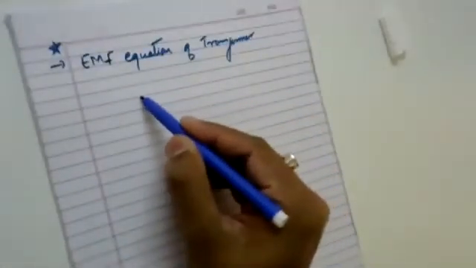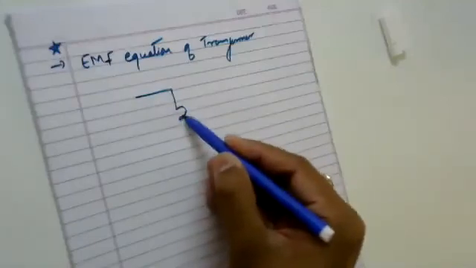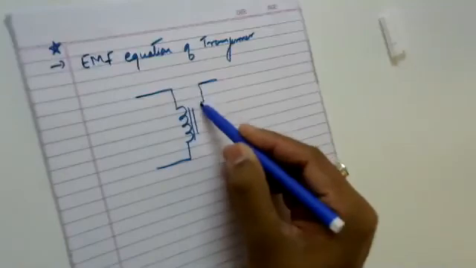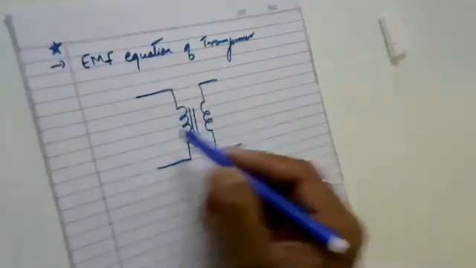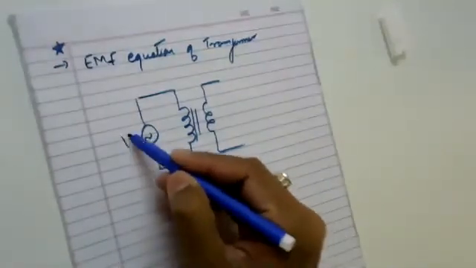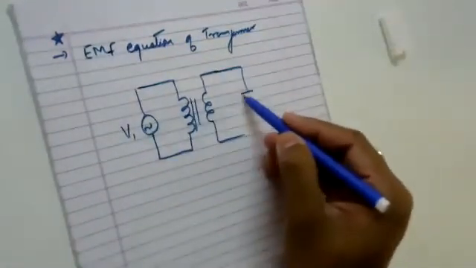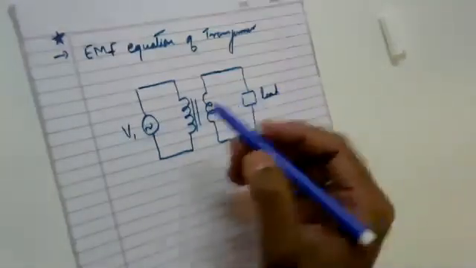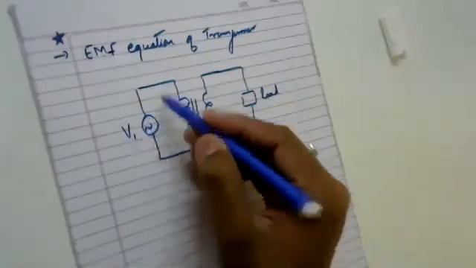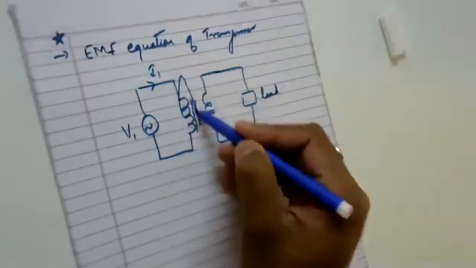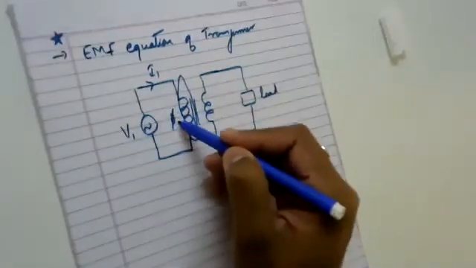Let me again draw the similar circuit so that people can understand my wording. This is my primary winding, with mutual coupling. This is the secondary winding. The primary winding is excited by a source voltage V1, and I'll have my load. Because of this primary voltage, primary current will be there. Primary current flows in the primary winding and produces a flux which links with the primary itself.